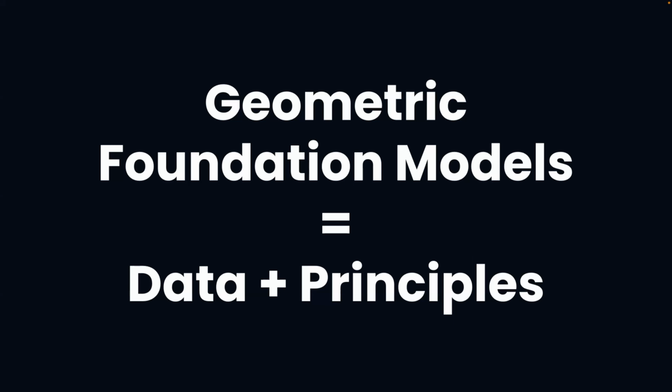You can use these techniques. I've given you some ways, and I'm sure you're going to discover many more. But the question is, are geometric foundation models enough for autonomous and useful machines, like cars, robots, etc.?